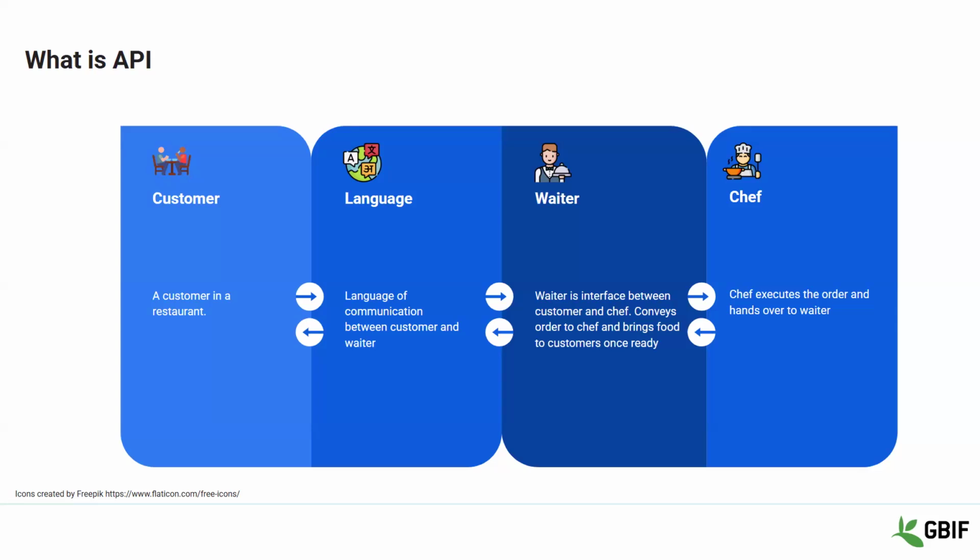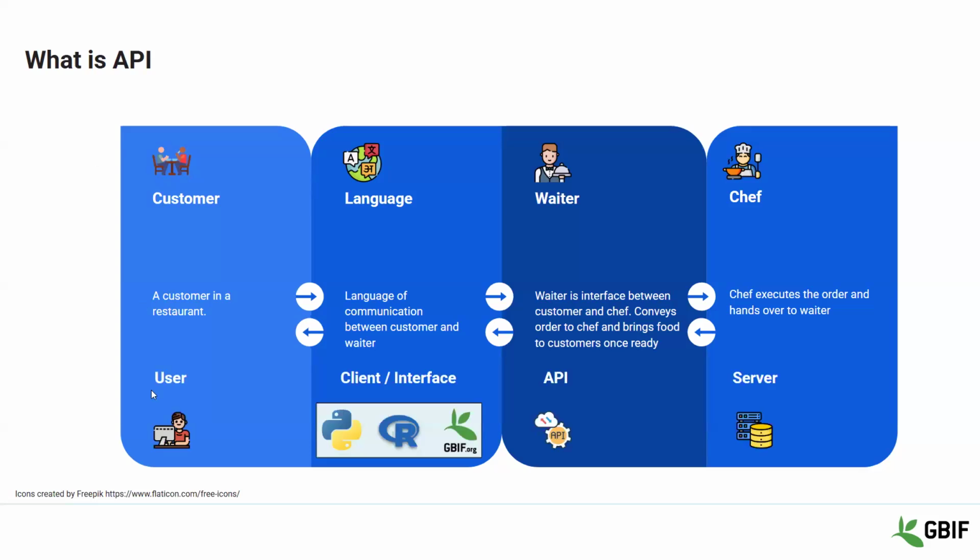So once we convey the order for food, the waiter takes it to the chef, and the chef makes the food, and the waiter again brings it back to us and serves it. And then once the waiter is back, he will again convey, okay, this is the soup that you ordered, this is the dish that you ordered, and then the consumer consumes it. So APIs are very similar to that.